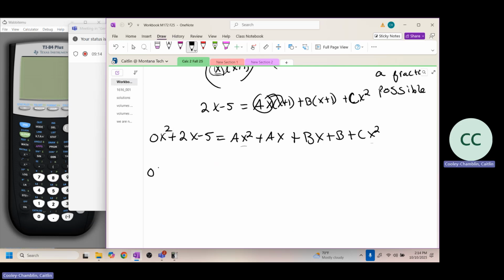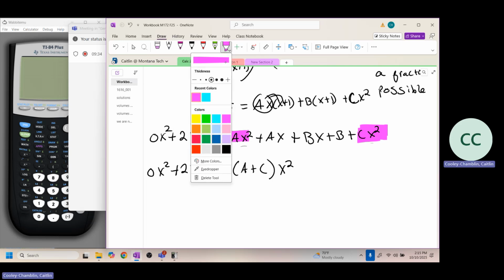So I have 0x squared plus 2x minus 5 equals, I'm going to do all the x squareds, and I'm going to use my highlighter, even though my computer doesn't like me right now. And I have a plus c x squared. And then I'm going to round up all my x's.